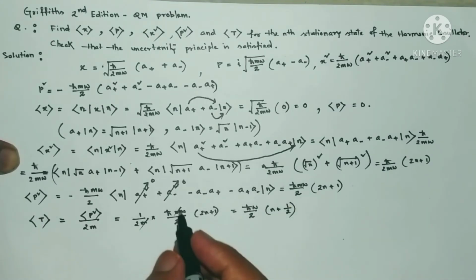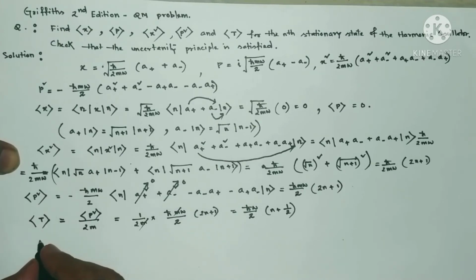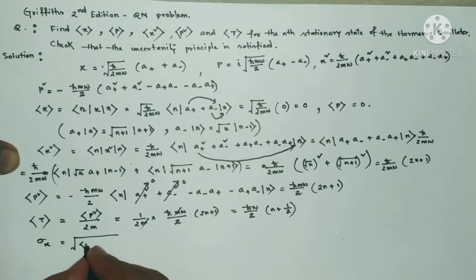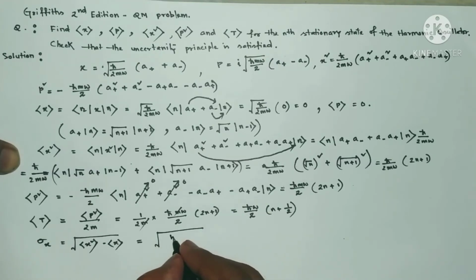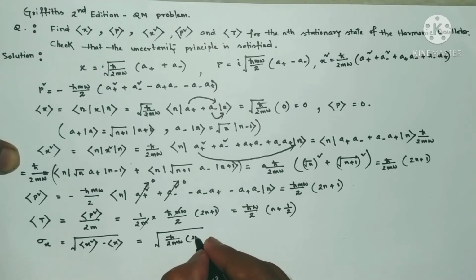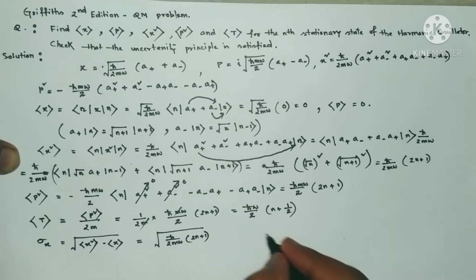Now we are left with the uncertainty principle. For the uncertainty principle we have to find the standard deviation, that is, sigma x is under root of expectation of x square minus expectation of x squared. So this is 0, and x square we have this: under root h cross by 2 m omega times (2n plus 1), right?